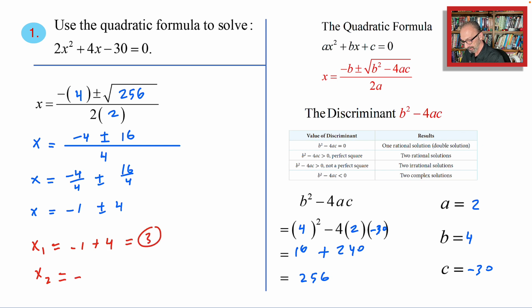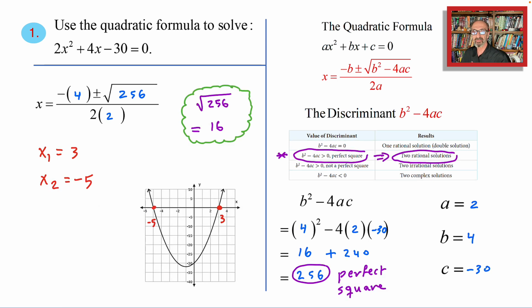And once we take the subtract option, negative 1 minus 4, which is negative 5. To support that, we have 2 rational solutions, so we are in this case. The discriminant was positive and a perfect square, which is 256. 2 rational solutions, 3 and negative 5.